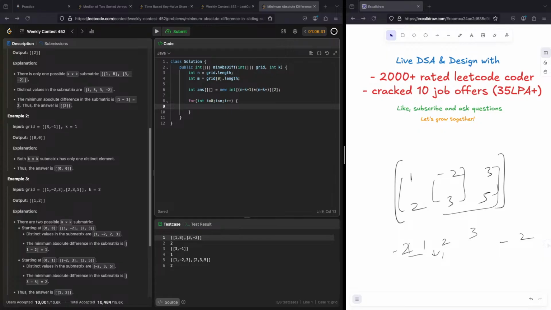All the next when you're at zero. Let's say I'm at I and J. Form a K cross K matrix from this if possible.